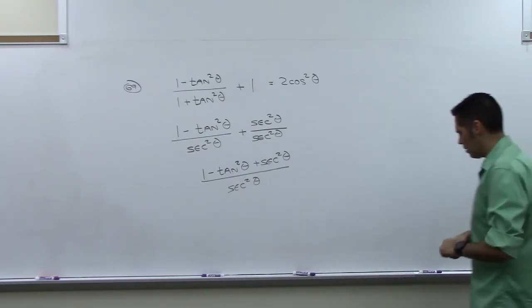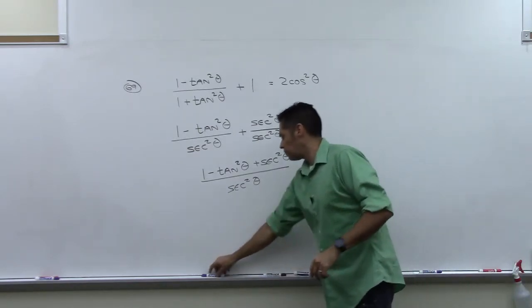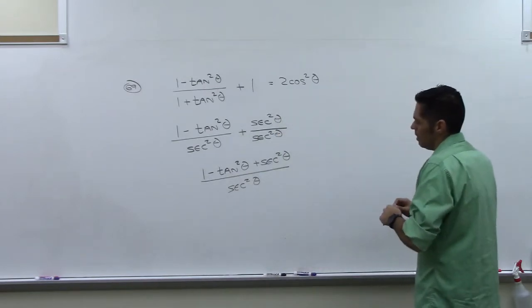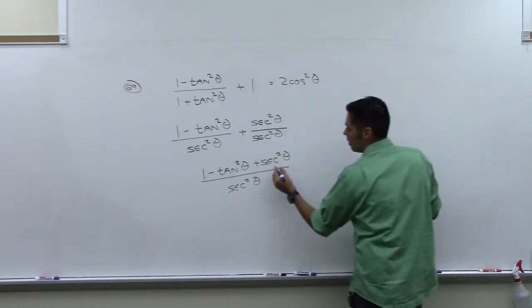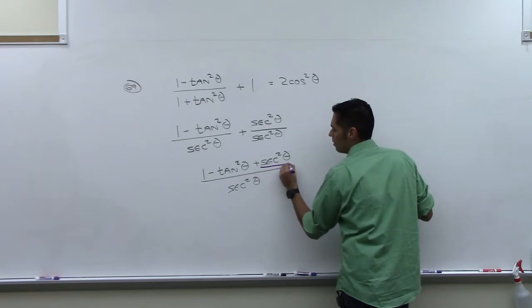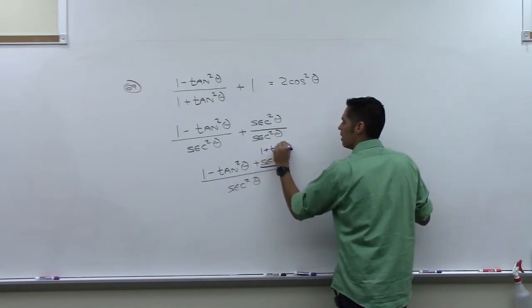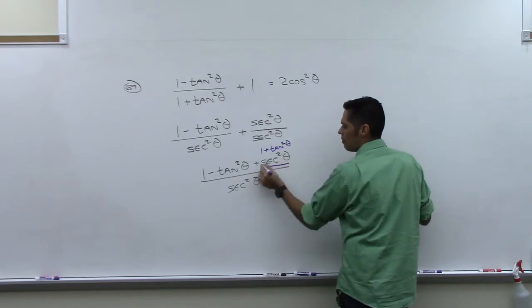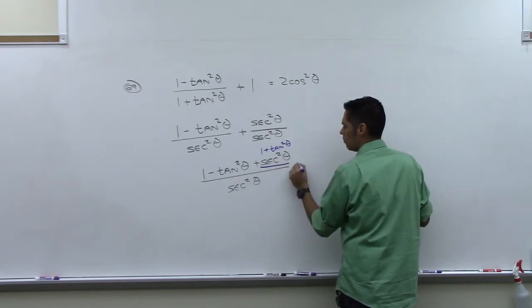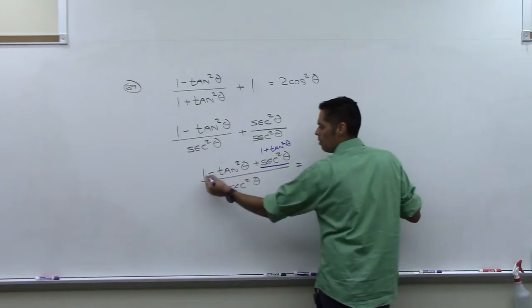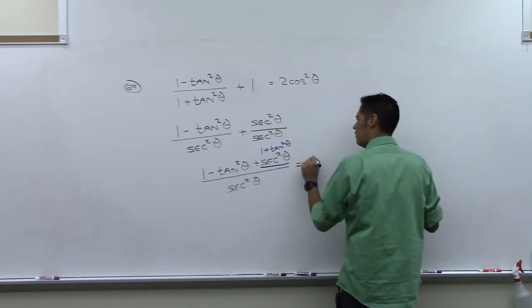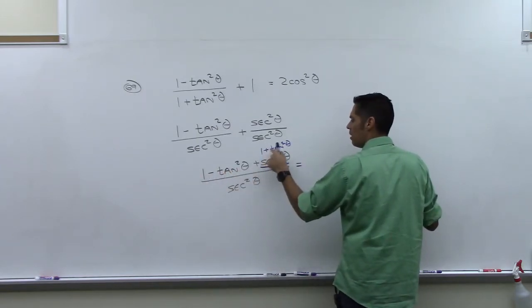And I think good things are about to happen on the top. Let me replace secant squared theta right here with the Pythagorean identity. That is the same as 1 plus tangent squared theta. So if I put that right here, I'm going to get 1 minus tangent squared theta plus 1 plus tangent squared theta.